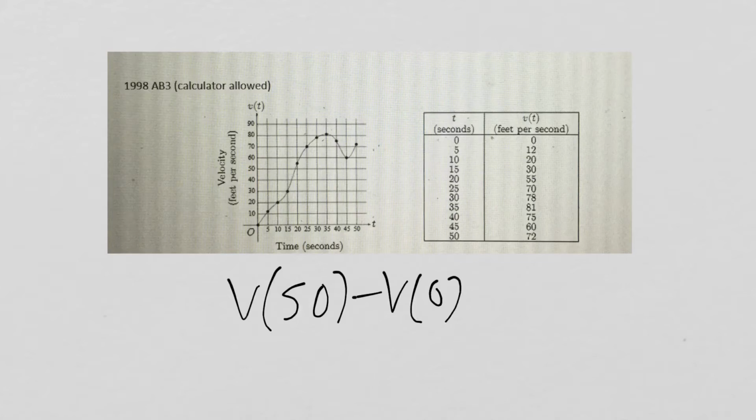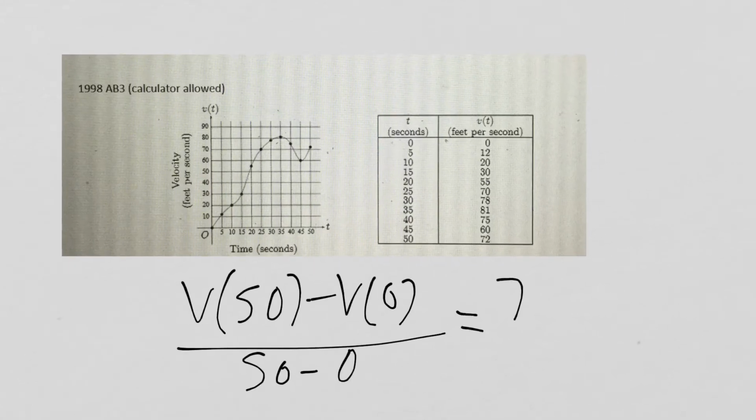So let's go to a new window here. And we have a table that's telling us our velocity at all these different times, right? And the average acceleration is just going to be the average rate of change of velocity from 0 to 50. So we'll say v of 50 minus v of 0, and then we're going to divide that by 50 minus 0.